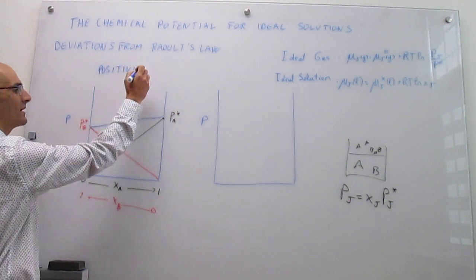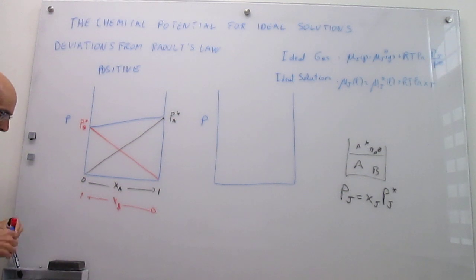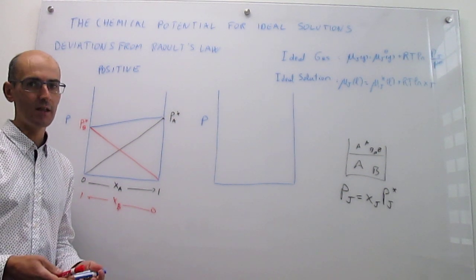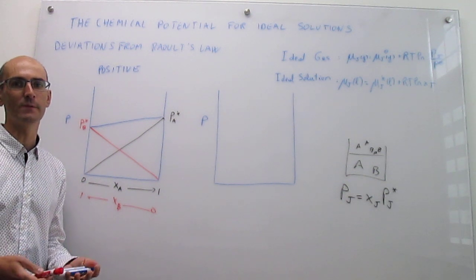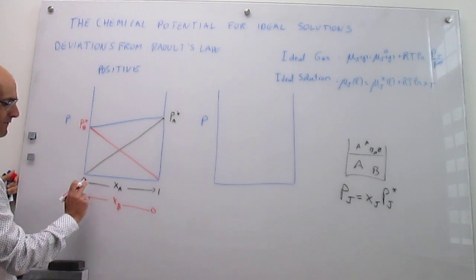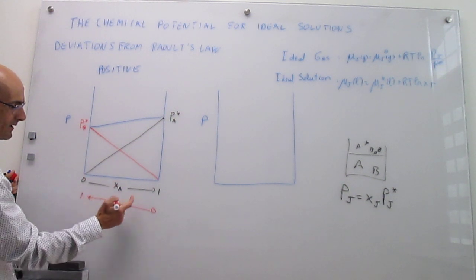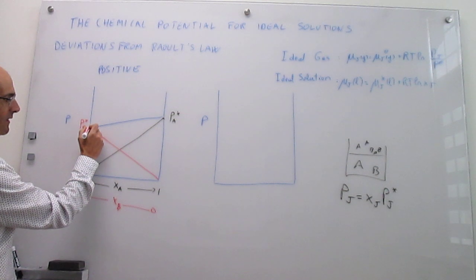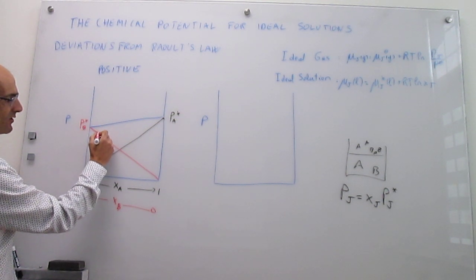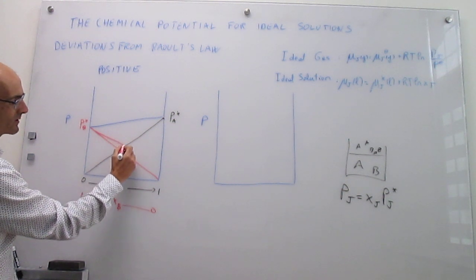In a positive deviation, what happens is that the vapor pressures that you measure are actually larger than those produced by Raoult's law. If we take the line of B, which goes from 0 to 1, then the vapor pressures that happen in reality are actually a little bit above Raoult's law prediction.